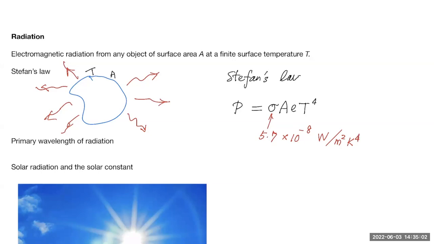Okay, and then A again is the surface area. T is the surface temperature in Kelvin scale. e is a number with no unit, called emissivity.